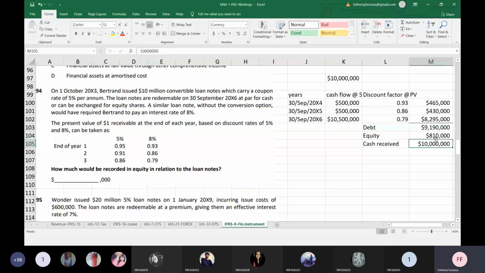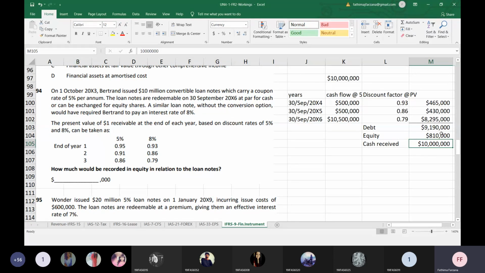I borrowed some money, but I'm not going to repay now. Slowly I'm repaying. Since I'm not repaying immediately, only at the end of the year I have to repay, so I'll be computing the present value. I'll keep on computing, and at the end of 3 years I'll get $9,190,000. I'll be paying this much only, but I've received 10 million.